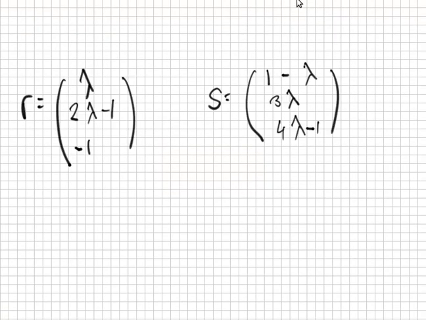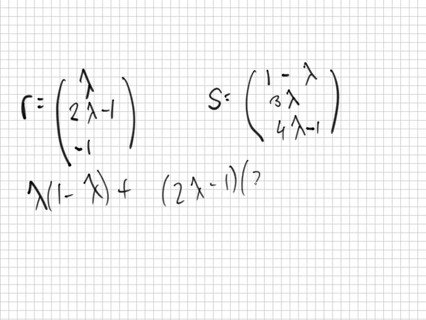So what do you need for 2 vectors to be perpendicular? Dot product is 0. So if I dot these, I get lambda times 1 minus lambda plus 2 lambda minus 1 times 3 lambda minus 1 times 4 lambda minus 1 equals 0.